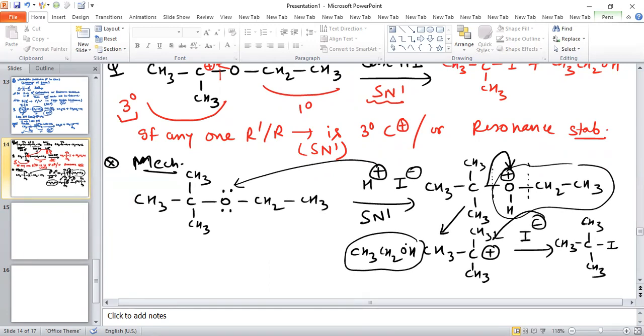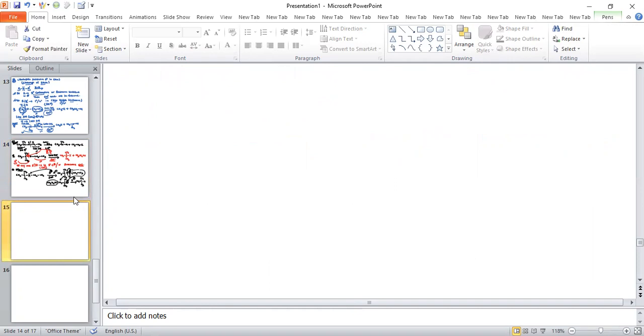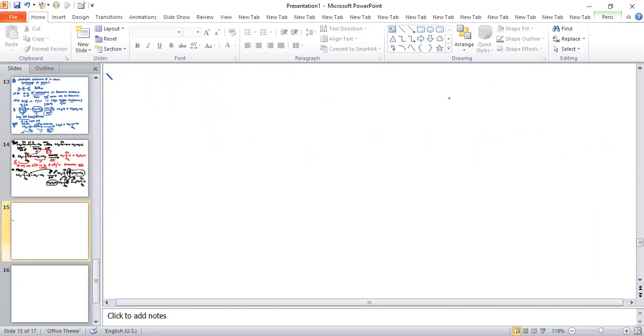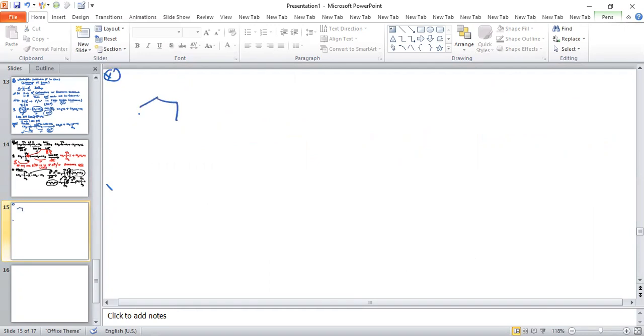So this is basically the mechanism. You can also do this question directly, no need of mechanism. Now see another question related to this.